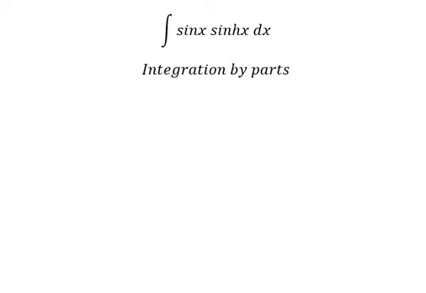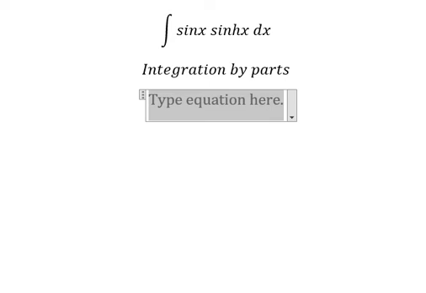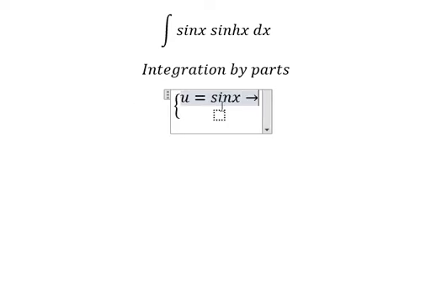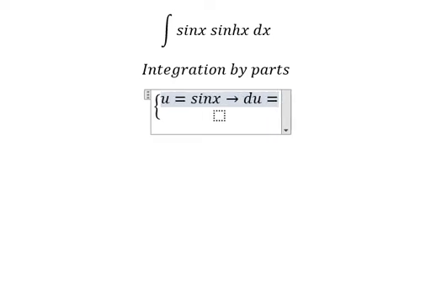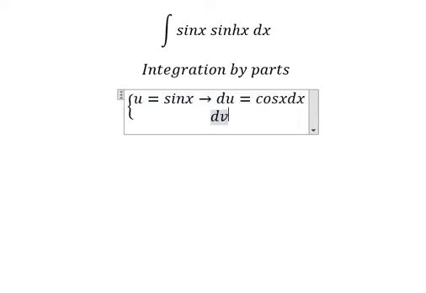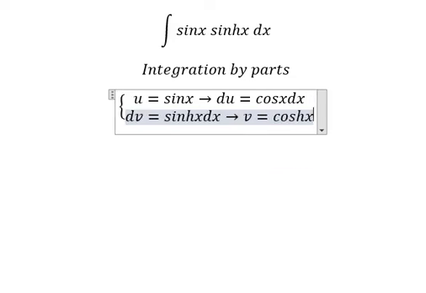So I will put u equals sin x. Later, we need to first take the derivative of both sides, and we have du equals cos x dx. dv, I will choose sin x dx. The integration of this one, we have v equals negative cos x.